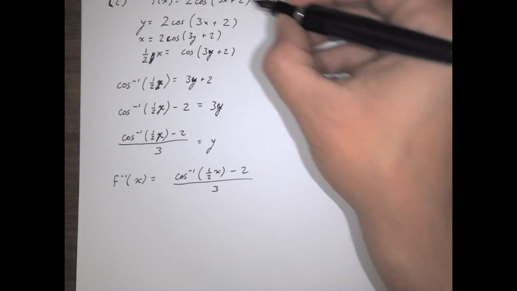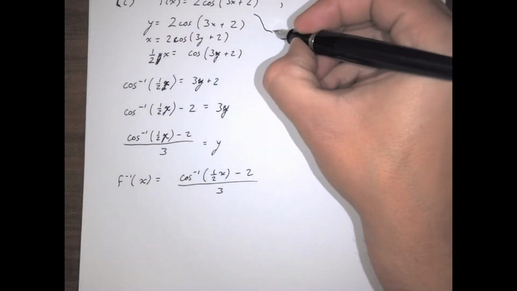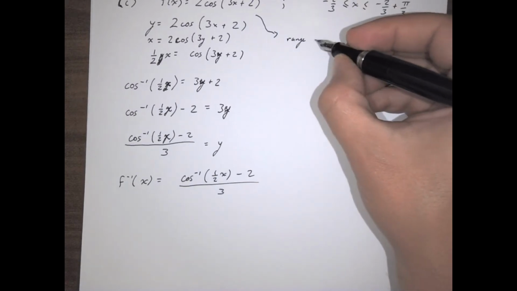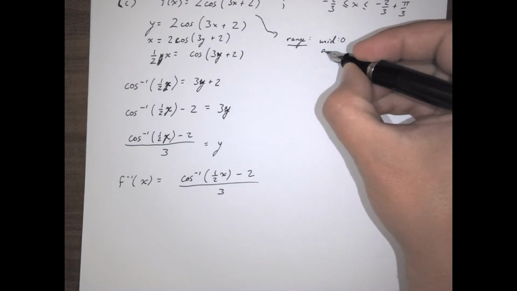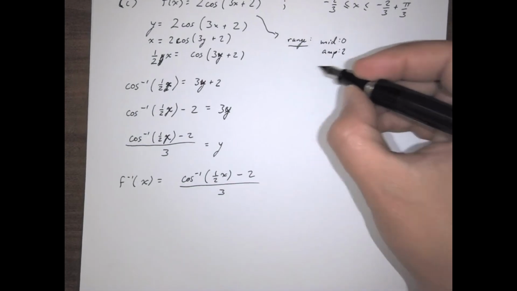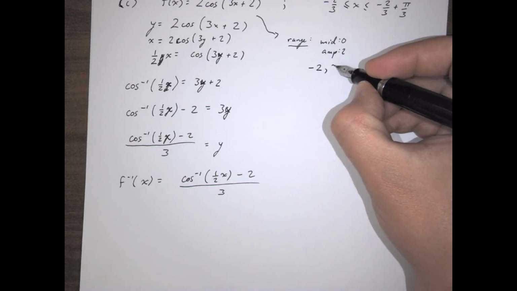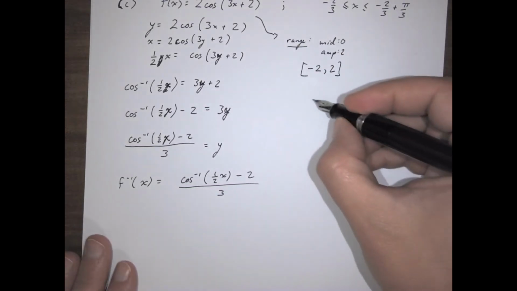Okay, now let's think about the range here. So the midline is 0, and the amplitude is 2. This is a cosine, so that means -2 to 2 for the max and the min.